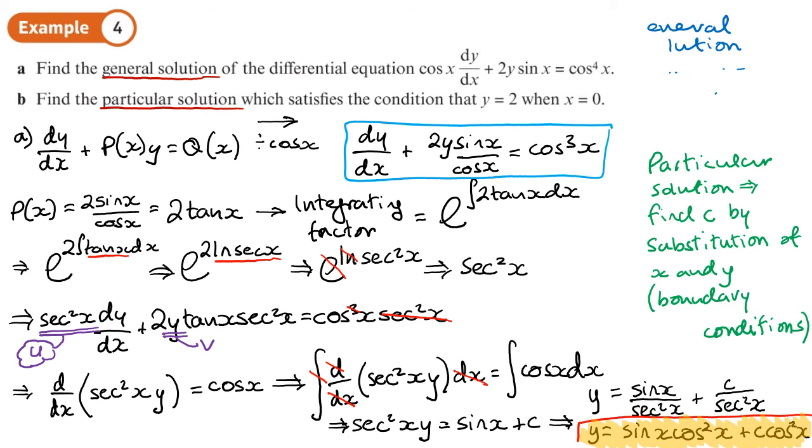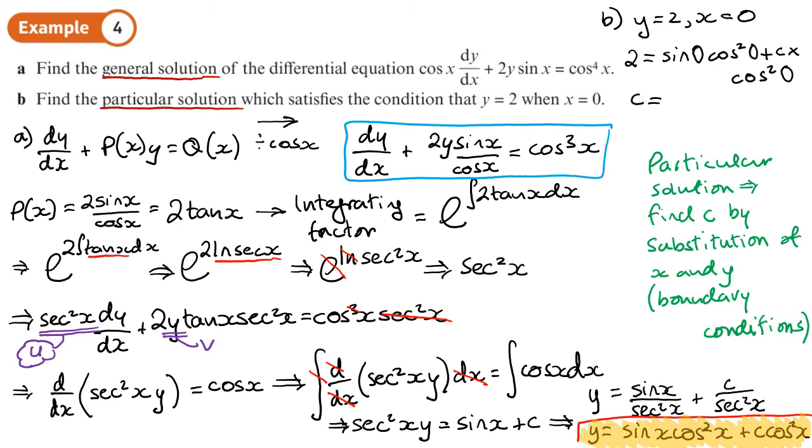So let's just create a bit of space up here, shouldn't be too difficult to do, and we'll do part B. So we'll substitute in 2 and 0 into our answer, so I'll have 2 equals sine 0 cos squared 0, whoops, not theta, plus c times cos squared 0.